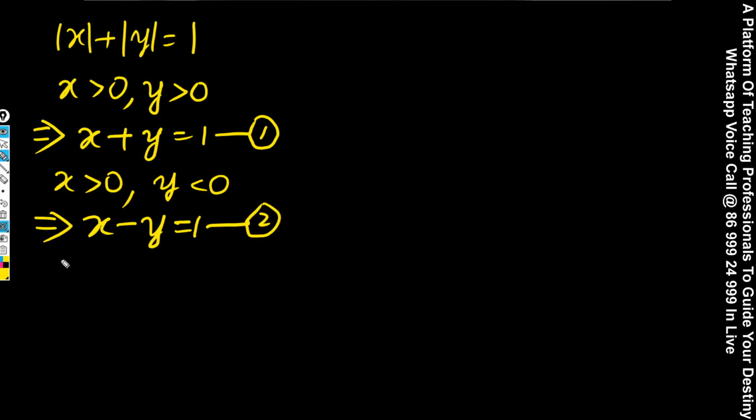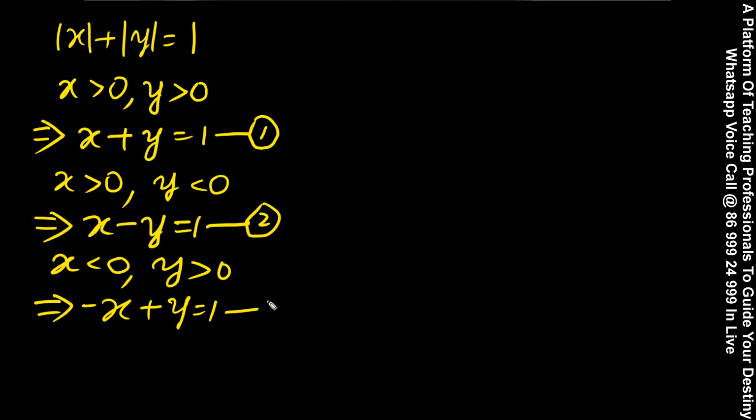Similarly, x less than 0, y greater than 0 implies x less than 0 means |x| becomes minus x, and y greater than 0 means |y| becomes y: minus x plus y = 1.